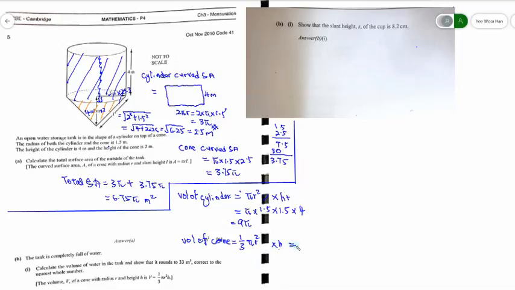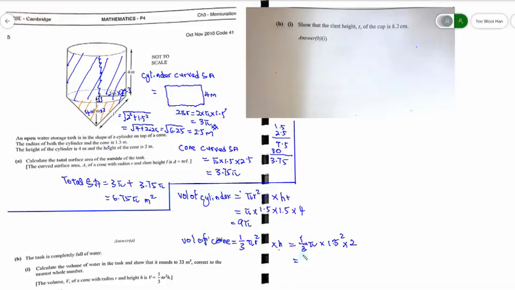So this gives you 1 over 3 pi, r is 1.5, so times 1.5 squared, times the height, which in this case is actually here, which is 2.